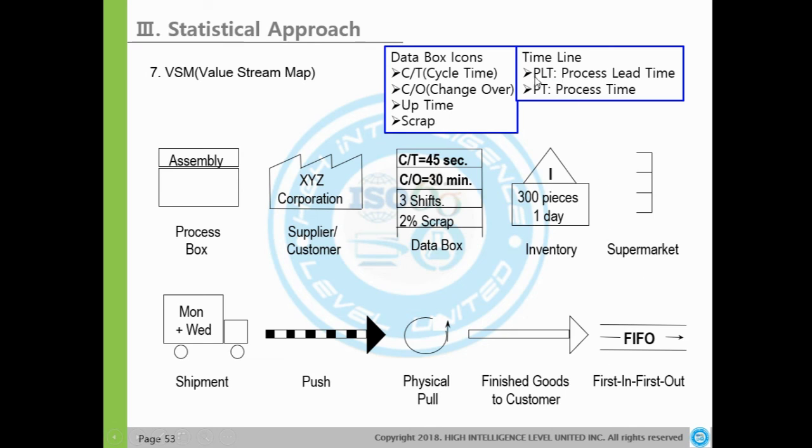And the timeline is PLT, process lead time, and PT, process time. Process lead time means the total time for the processing. PT means the pure process time without waiting, without delaying, without changeover, only cycle time.